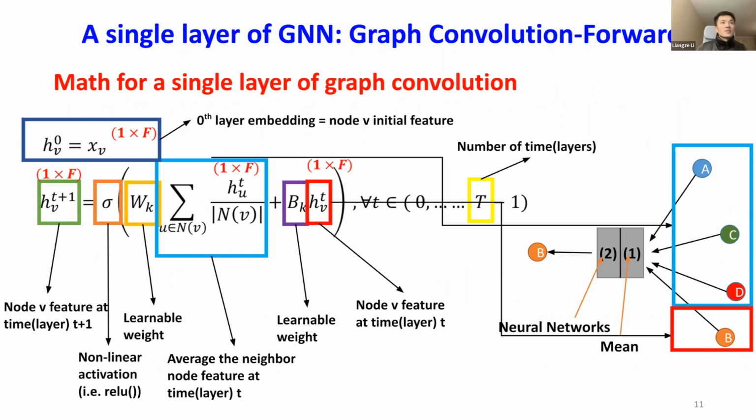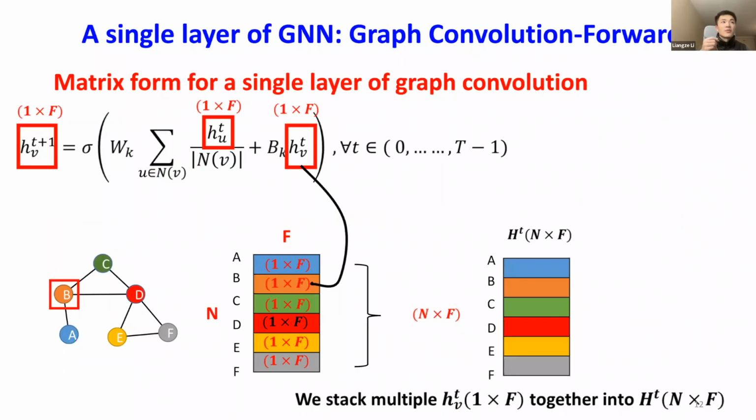Okay, so let's first clean out some dimensions of things brought up in this formula. What is meant by h of v of t plus 1? This means the representation of the data node v in particular at time step t plus 1, right?